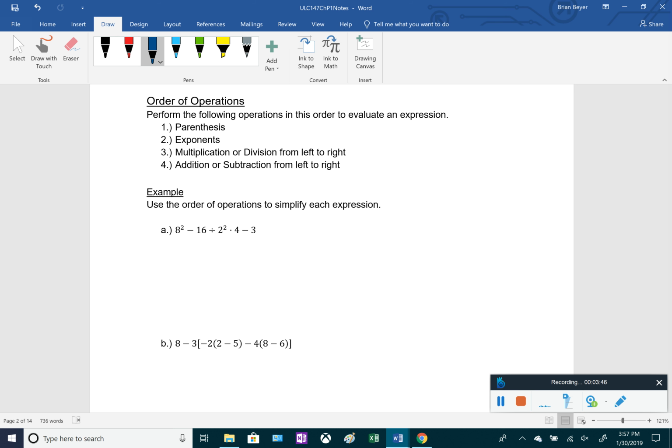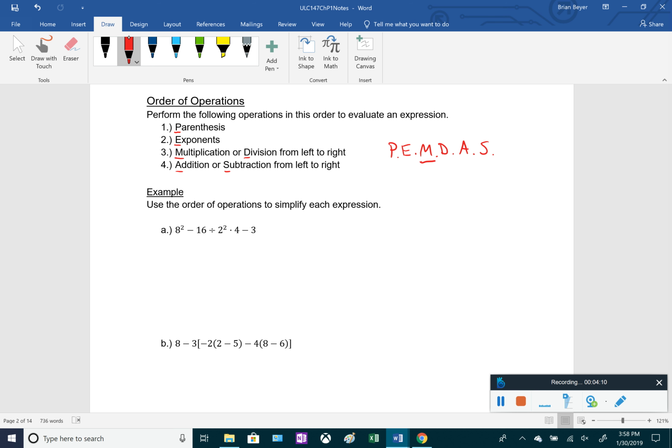And then same thing after that, we're going to do addition or subtraction, whichever one comes first from left to right. So if we look at the first letter of each word here, that is PEMDAS. So you can use that to help you remember the order of operations.